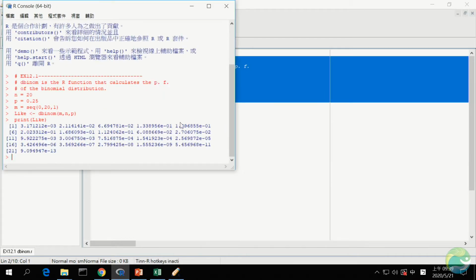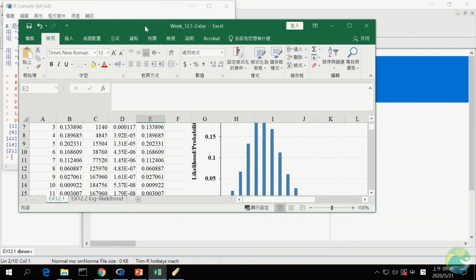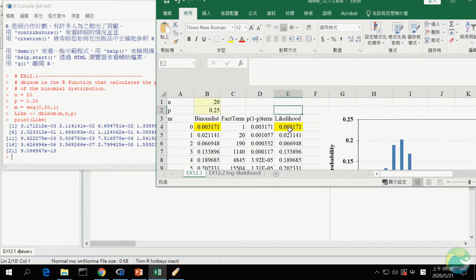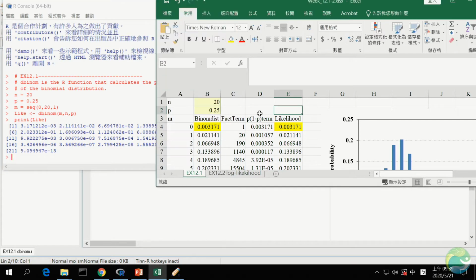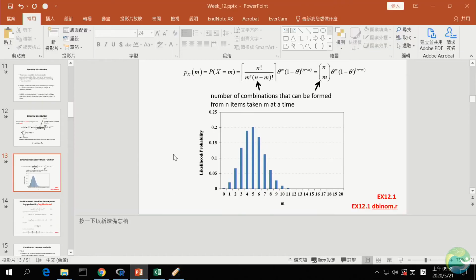This gives you the exact result. In R it's called dbinom. In Excel, it's called binomdist. Same idea. All right.